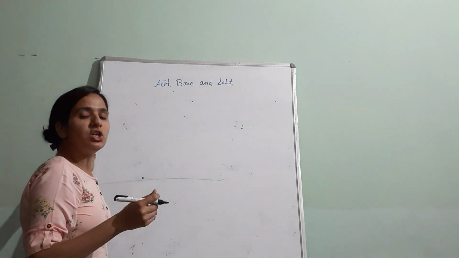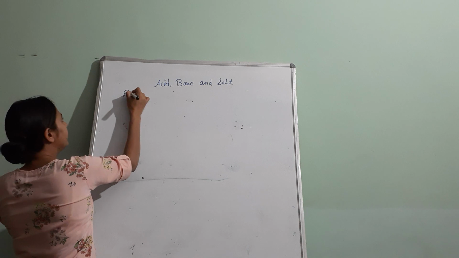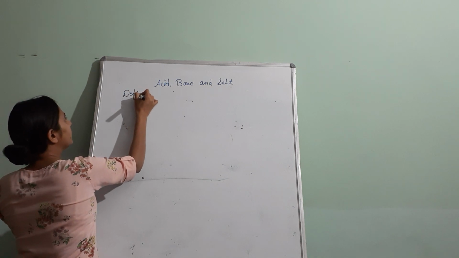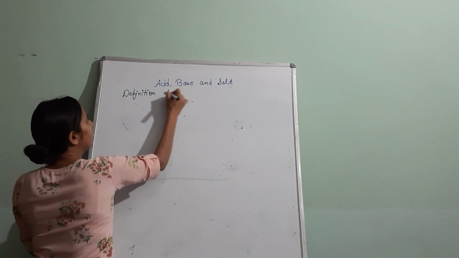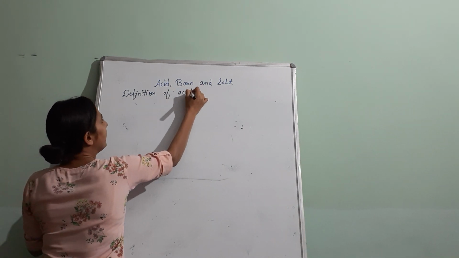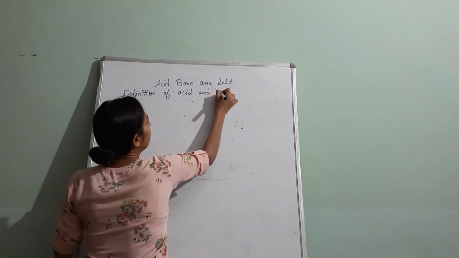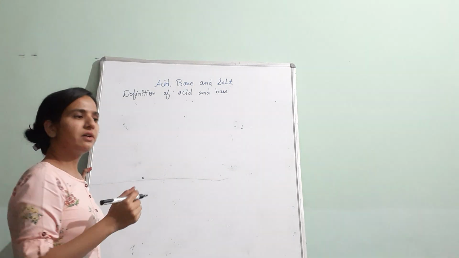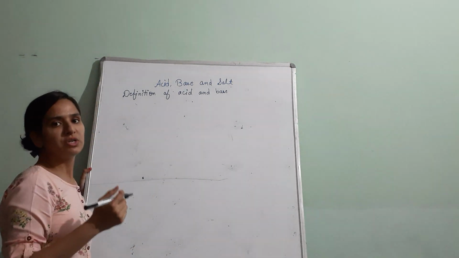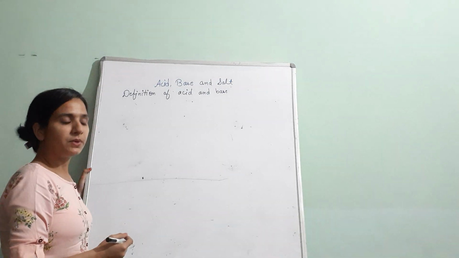In the last lecture, we discussed the definition of acid and base. To define acid and base, we already discussed two concepts. First one is classical concept and second one is Arrhenius concept.